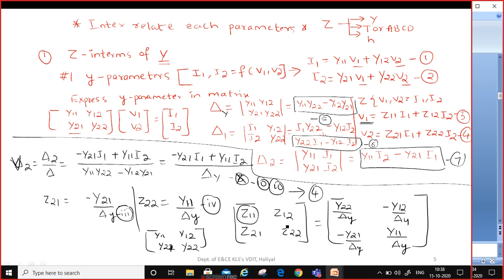Similarly, if you want to express Z22, go diagonally in the Y parameters matrix, so you'll get Y11 divided by delta Y. If you want to express Z12, then negate Y12 and divide it by delta Y. If you want to express Z21, then the same element in the Y matrix, you negate it and divide it by delta Y. This is for remembering.